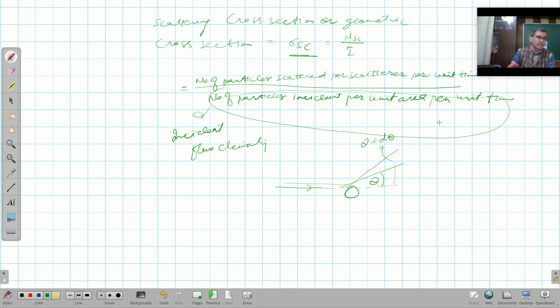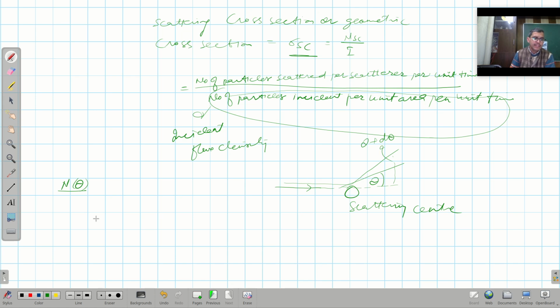Suppose N number of particles are scattered through an angle theta when they come close to this scattering center.